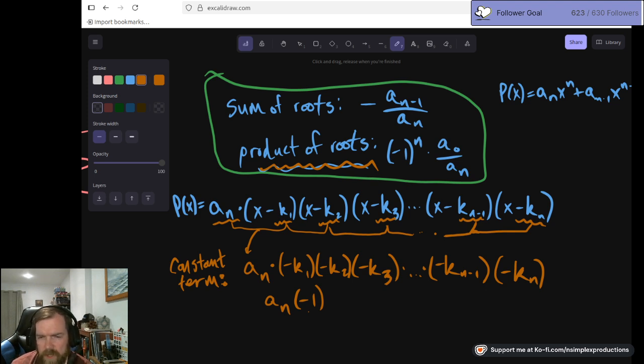This is just counting up, 1, 2, 3, all the way out to n. If we get just negative k1, then n would be 1, and we would get a negative number. If n is 2, then we would get negative k1 times negative k2. There are 2 values there, both of which are negative, which multiply to become positive. So negative 1 squared becomes a positive number. We're good.